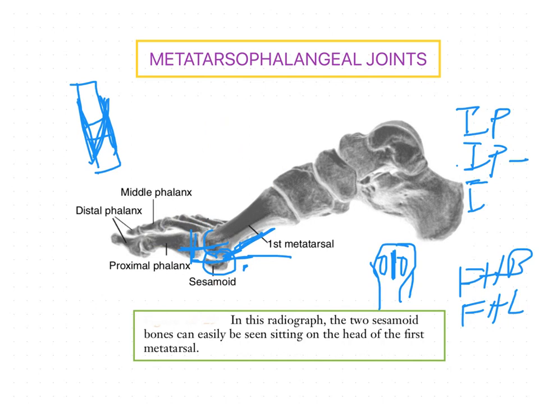In the next session we are going to discuss metatarsophalangeal joint function. As we know, the metatarsophalangeal joint has two degrees of freedom, that is flexion and extension, that is plantar flexion and dorsiflexion, and also abduction and adduction, and extension exceeds flexion.